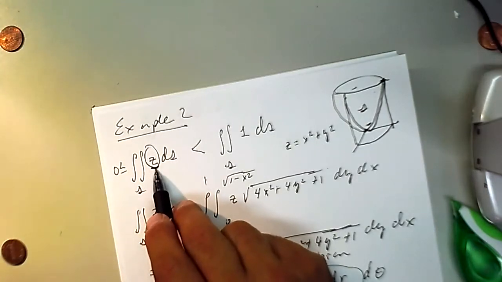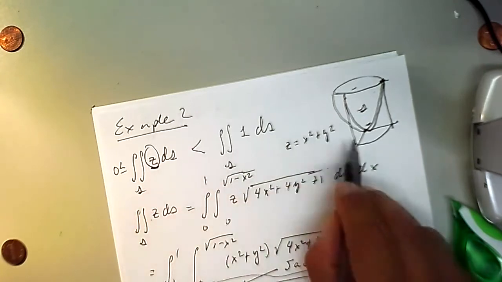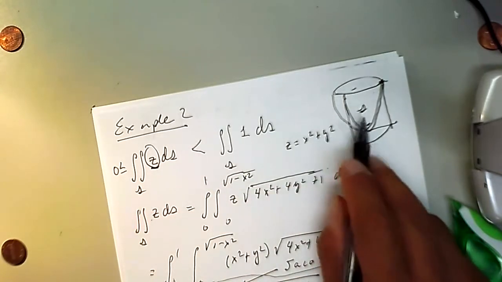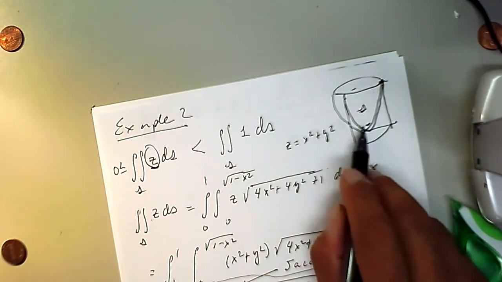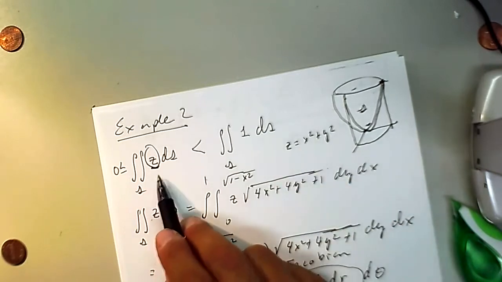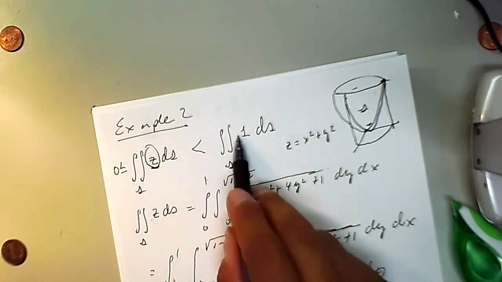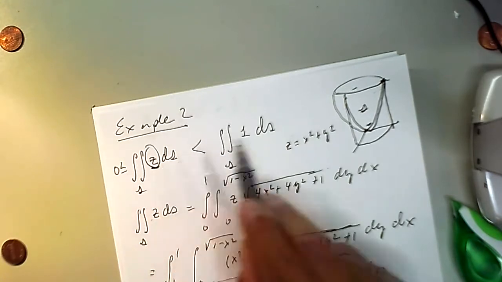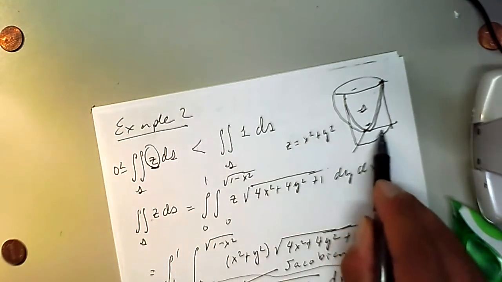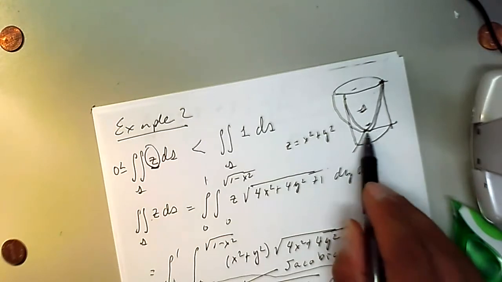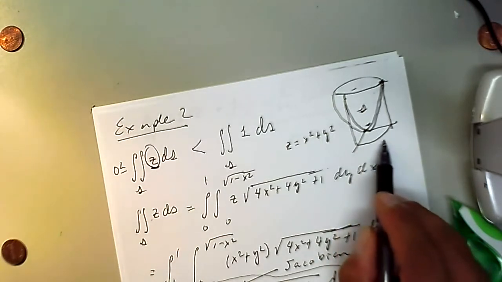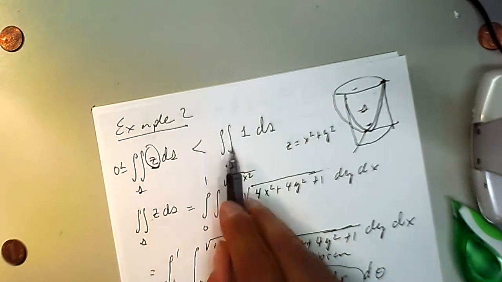And here the function is z, but z cannot exceed 1. It's less than 1, between 0 and 1. And consequently, this integral has to be less than that because the function itself is larger. This function is larger than z. If we stay within this radius, if we go outside of the radius, then z will be greater than 1.